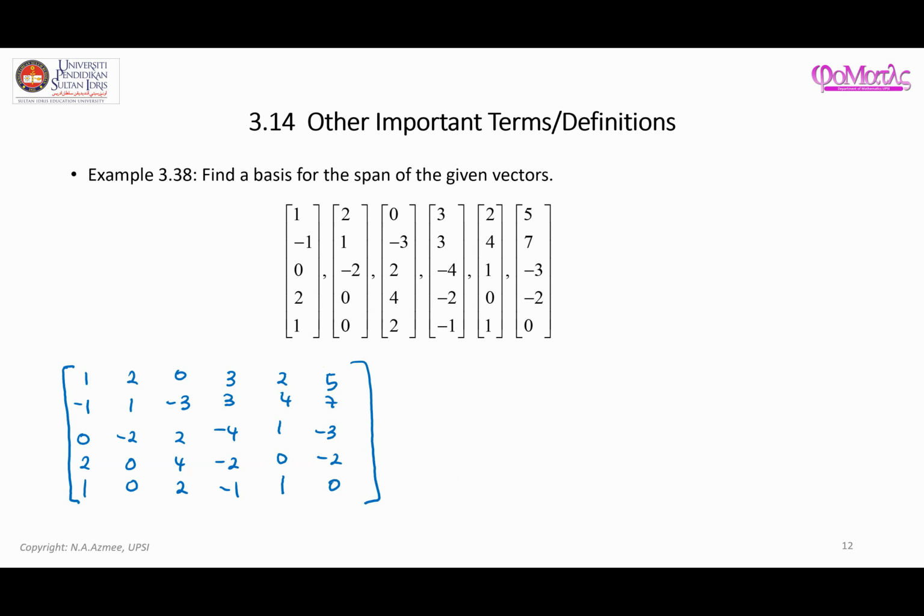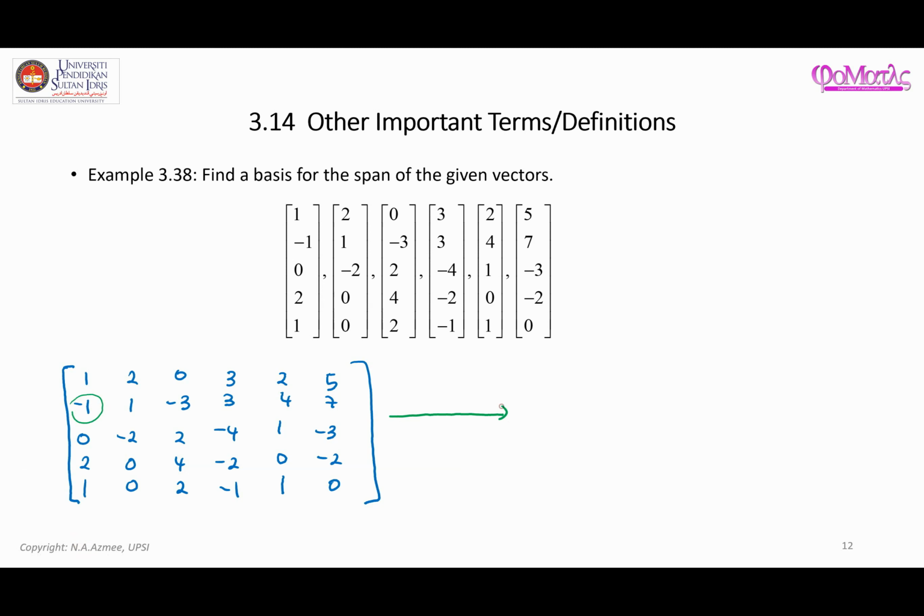Wow, so we have a 5 by 6 matrix. Okay, now I'm going to turn this into 0.